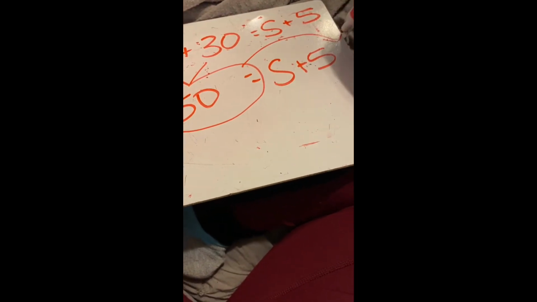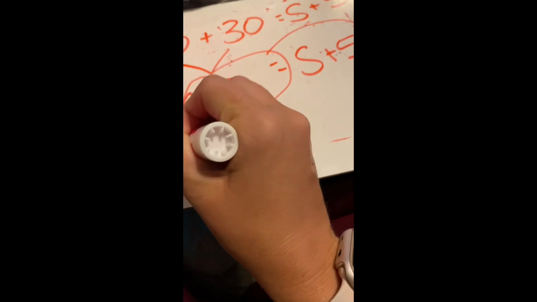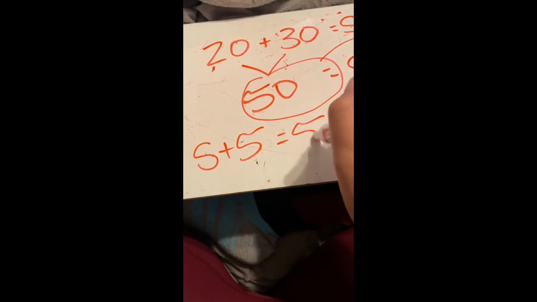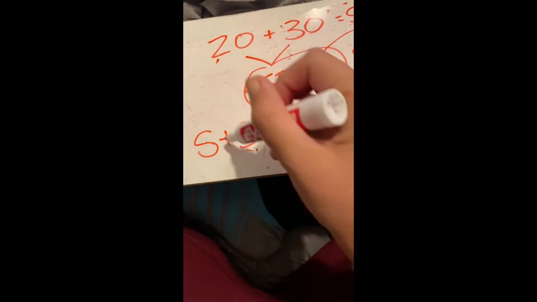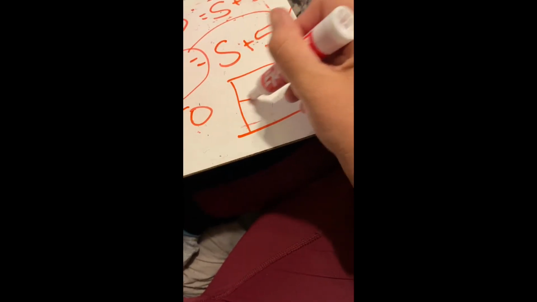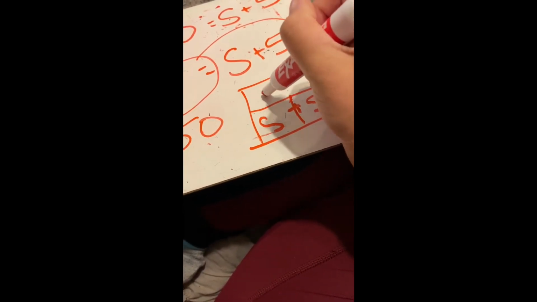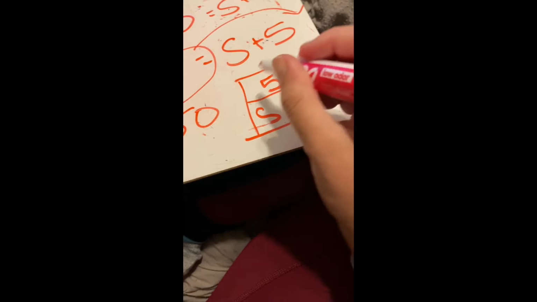Guys, again, if I don't know, I can switch it. S plus 5 equals 50. And again, we're adding, so what tool do I use? Part-whole. When I add 2 small parts together, S plus 5 to get my whole number.